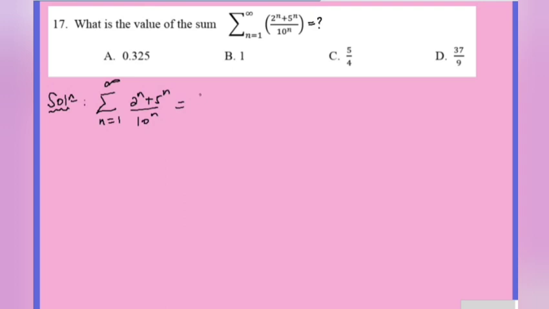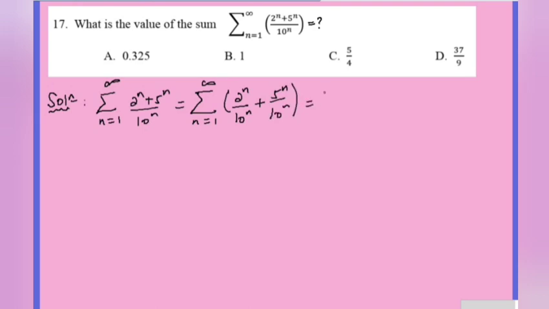We can write this as 2 to the power of n over 10 to the power of n plus 5 to the power of n over 10 to the power of n.